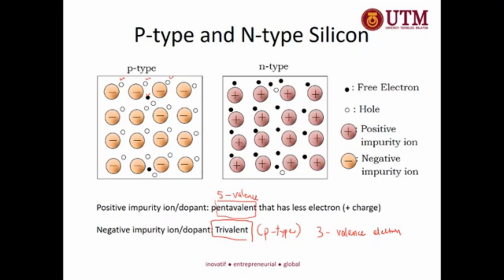Maybe it will take some time, but it will be worth it. Anyway, in summary, P-type will have more holes, fewer electrons, and a negatively charged ion. And N-type will have more electrons and a positively charged ion.